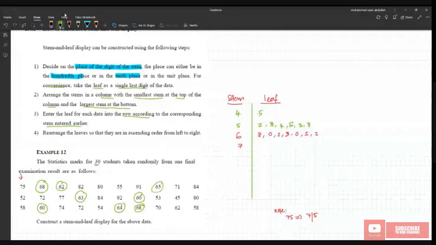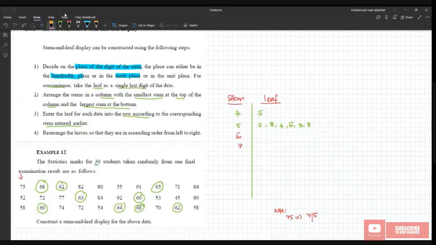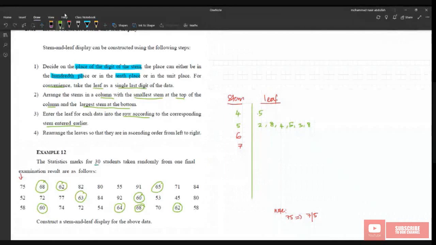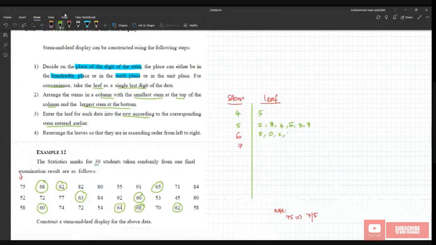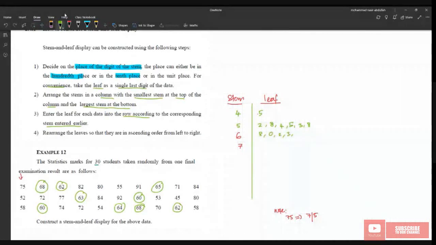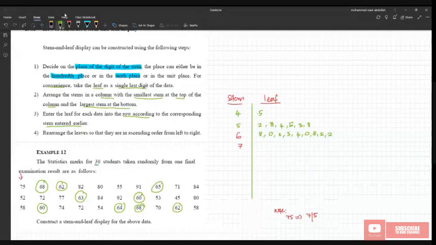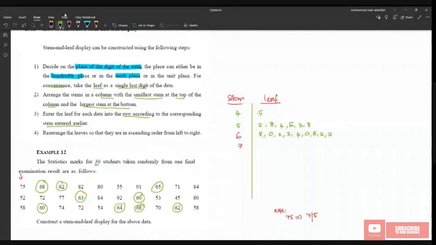And that's all. So I just clear this one first. So again, we have 8, 0, 2, 3, 4, 0, 8, 5, 2. So we have 1, 2, 3, 4, 5, 6, 7, 8, 9. Right? Clear?